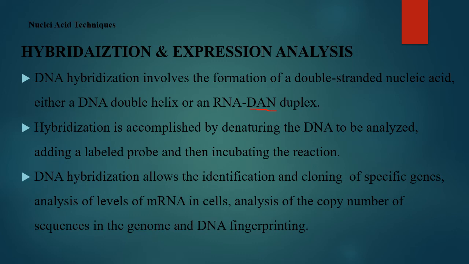So if you want to know the levels or the quantum of mRNA in cells, the procedure can also be useful. And then analysis of the copy number of sequences in the genome, and then DNA fingerprinting. So how many copies of a sequence do we have? We can analyze that. And then also DNA fingerprinting. We'll come to fingerprinting later.